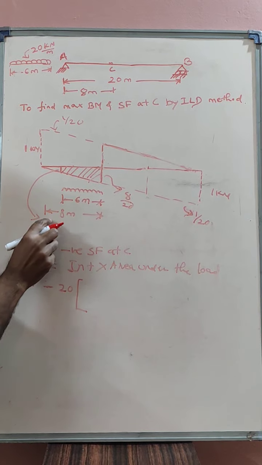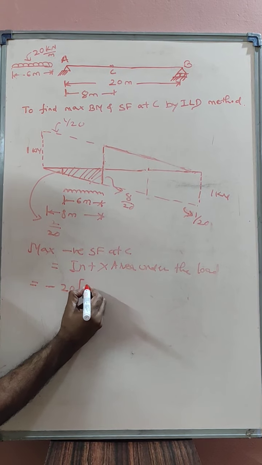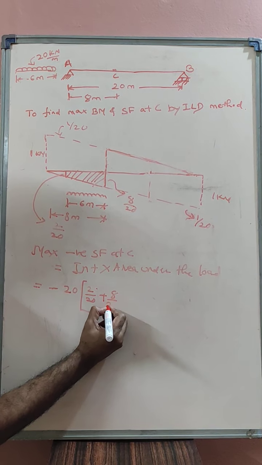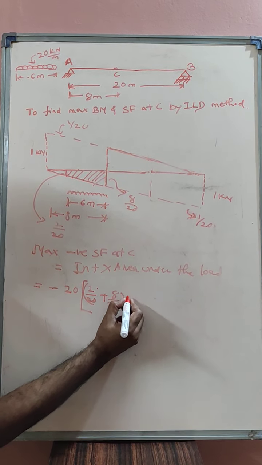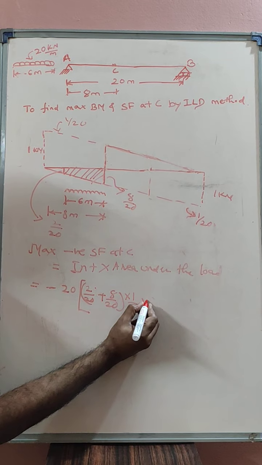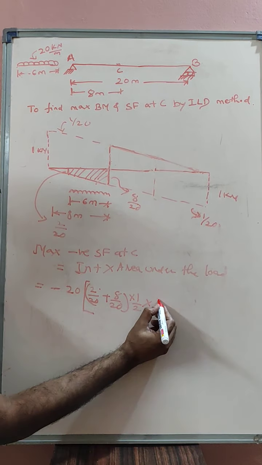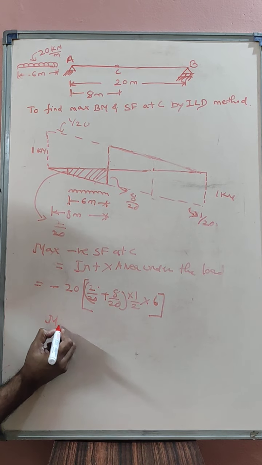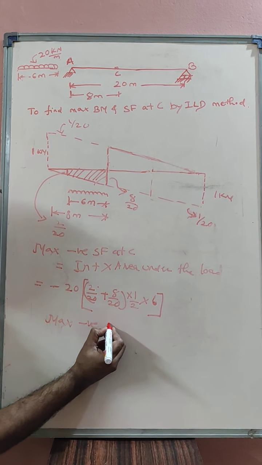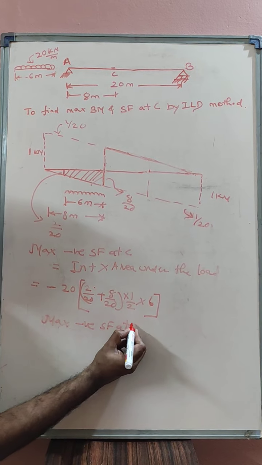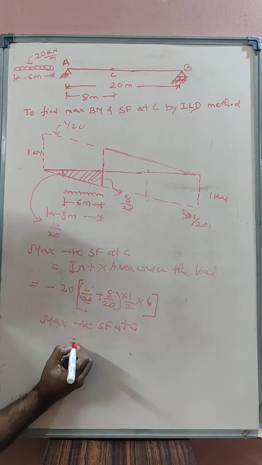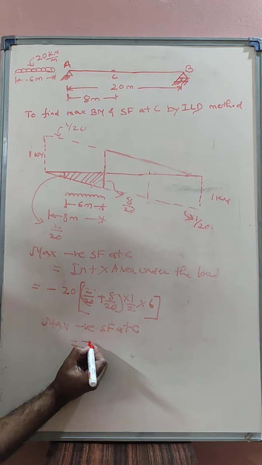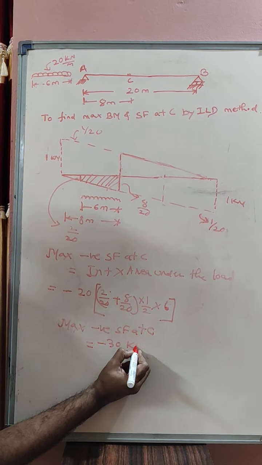Area of the trapezium, sum of the two parallel sides divided by 2, that is 2 by 20 plus 8 by 20, into the distance between the parallel sides, 6. That's all. So do this calculation. You are going to get the maximum negative shear force at C due to this UDL, I have done the calculation, you can check it, equal to minus 30 kilonewton.